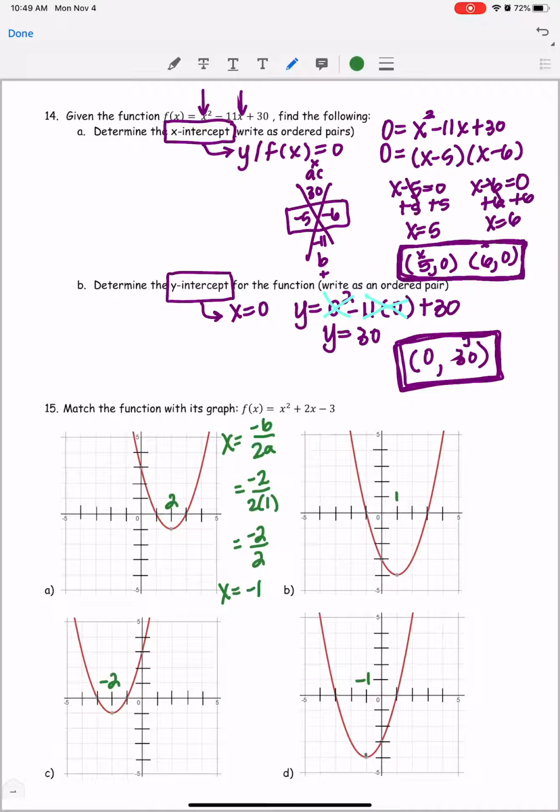So the one that has the correct vertex at x is negative 1 is D. Now if you plug this in, y equals negative 1 squared plus 2 times negative 1 minus 3, plugging in that negative 1 to both of these x's, you're going to get y is negative 4, which is exactly where this is, negative 1, negative 4. But you don't even really need to do this because this is the only one that's at negative 1.